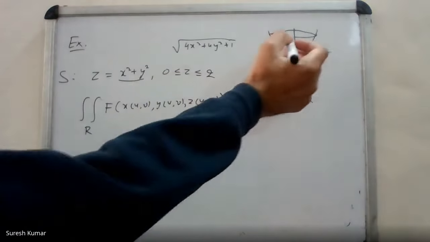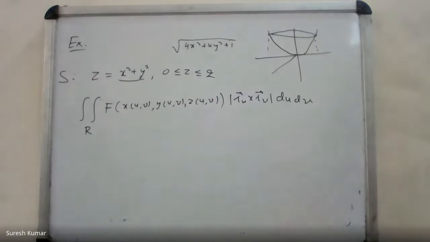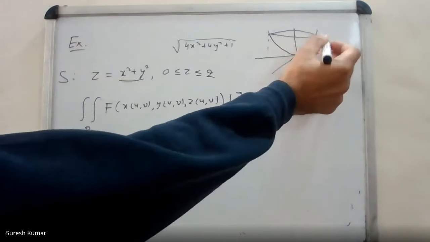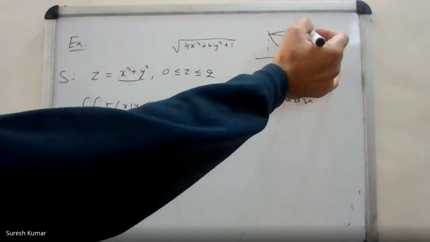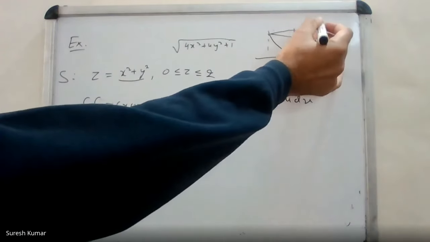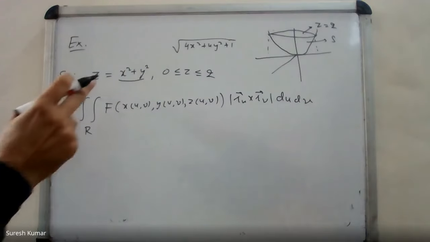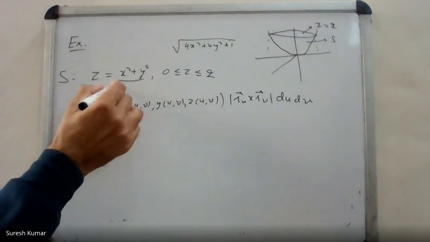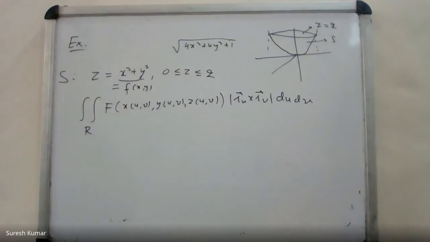Okay. This is the given surface. What is this circle? Or what is the plane of the circle, z equals 2? Alright. Because this is an explicit surface, we can parameterize in terms of x and y.